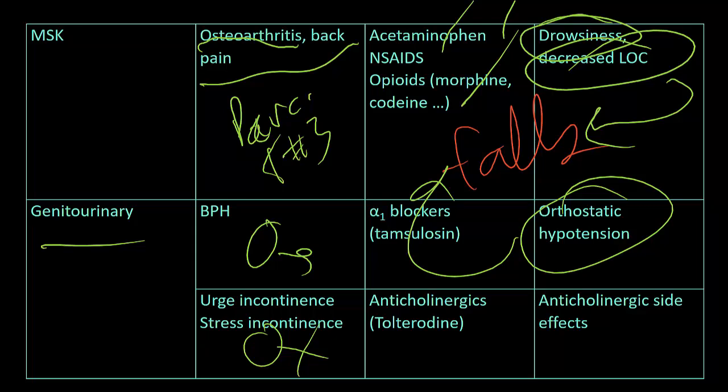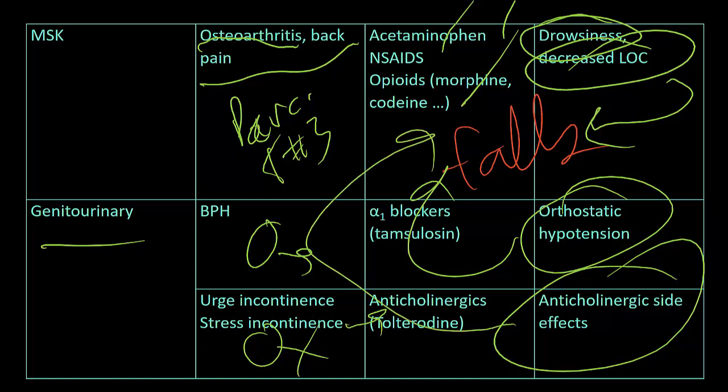Women will frequently have either urge incontinence or stress incontinence. Urge incontinence is frequently treated with anticholinergics such as tolterodine. With too high of a dose of these medications, you could have anticholinergic side effects, which was just discussed on the previous slide, and it can cause falls as well.